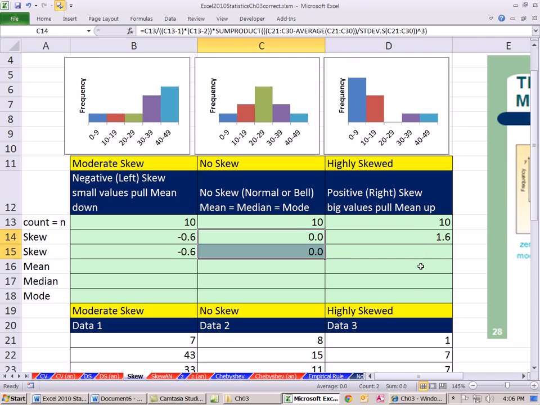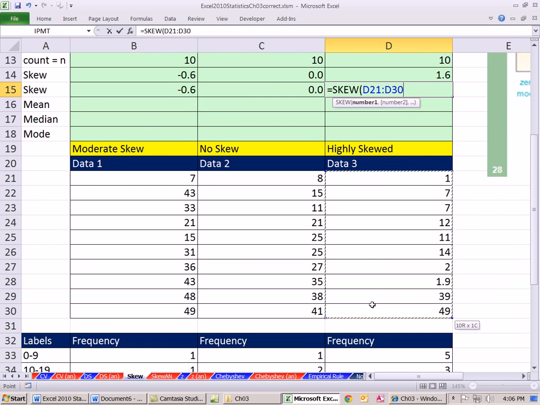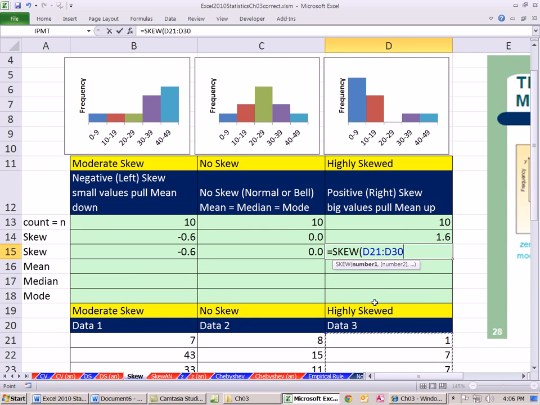If you hide the decimals, and you're required to round, then it's 0. Finally, we'll do this one, skew. And this should be positive, because there's a few big values. So 1.6. Those are measures of skew.